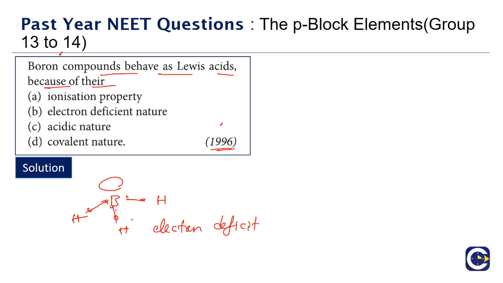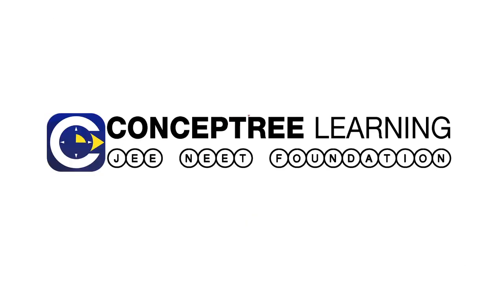This is the reason why boron can act as a Lewis acid, because a Lewis acid is a molecule or entity which can accept a lone pair of electrons. Here boron is electron deficit, so it can accept a lone pair of electrons. So the correct answer is option B, the electron deficit nature of boron. So this is about the part 3 video, and we'll see in the next part.